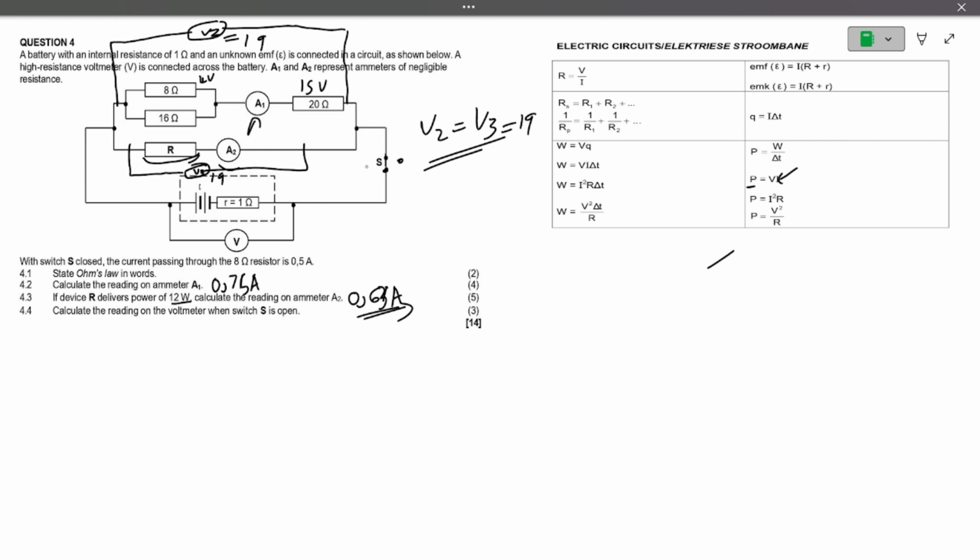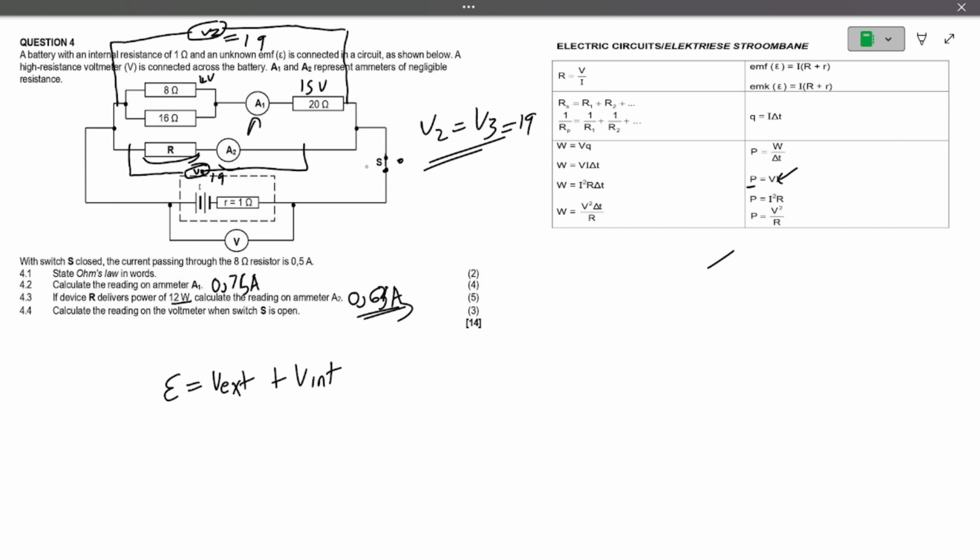So now let's get the formula for calculating the EMF of the battery. If there's a current moving, this voltage will calculate the external voltage. But if there is no current moving, it calculates the EMF. If there is current moving, there will be V external plus V internal.